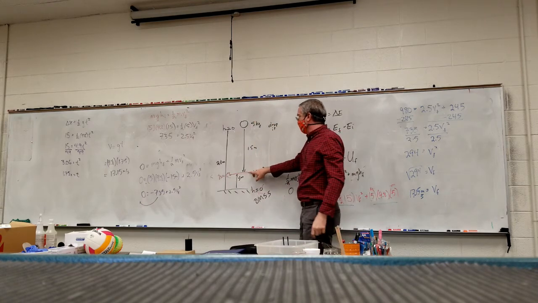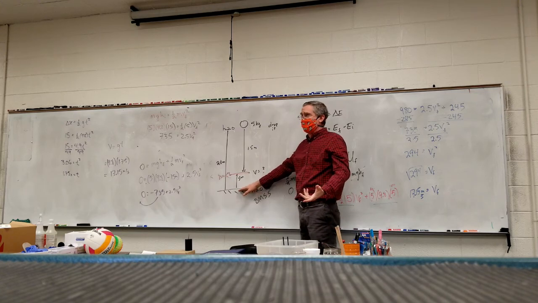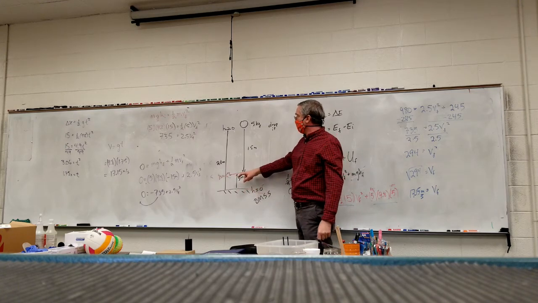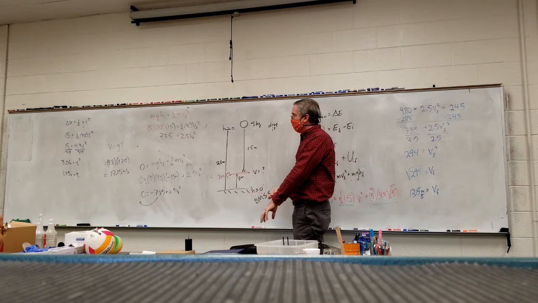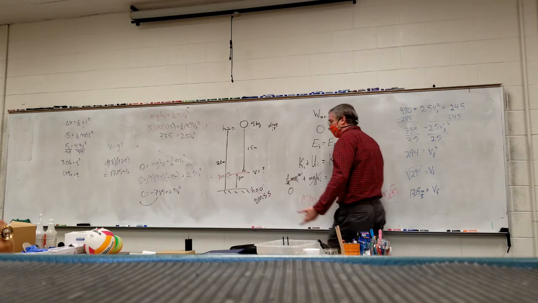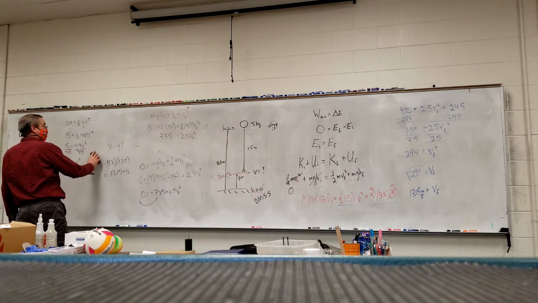In this case, there's no potential at the end. In this case, when h is equal to 0 here, there was still some potential. But in either case, the same amount of potential energy got turned into kinetic energy. The whole idea of conservation is that you don't lose it, it just changes from one form to another.